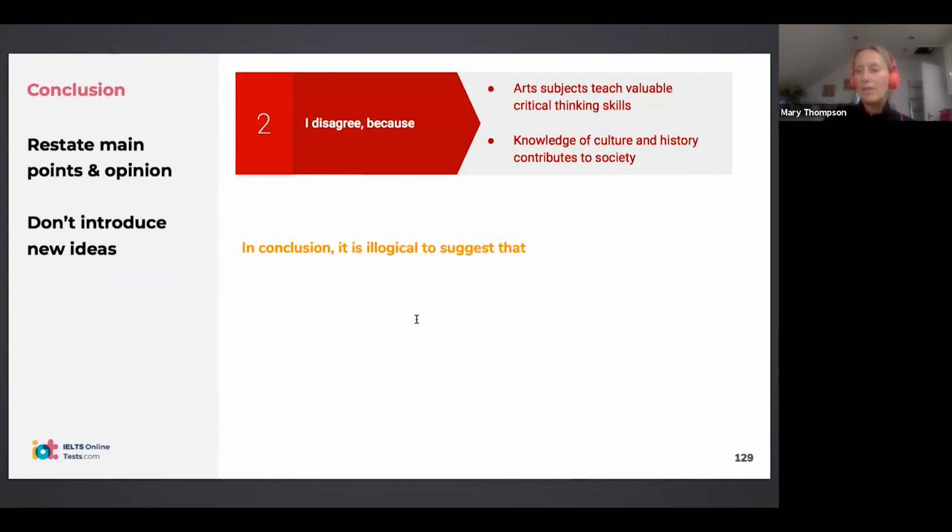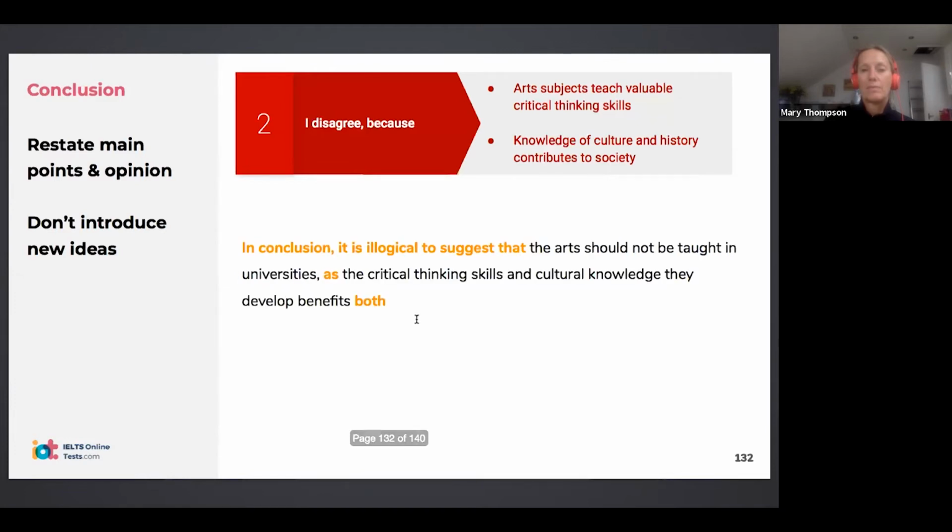So in conclusion, it is illogical to suggest that the arts should not be taught in university. Okay, so this is your main point again, as the critical thinking skills and cultural knowledge they develop benefits both graduates and our societies.